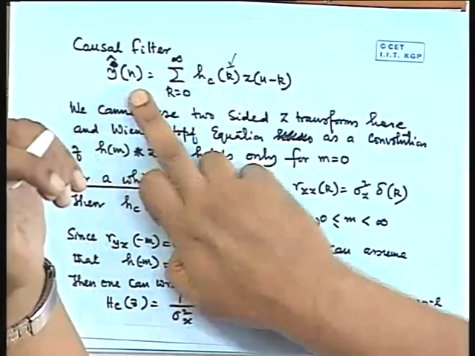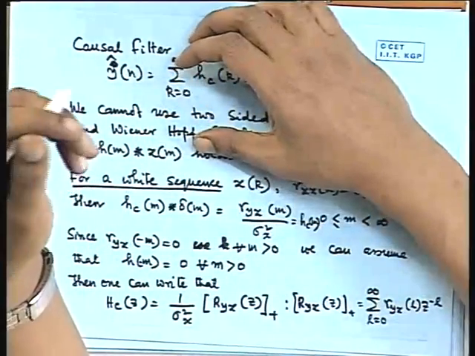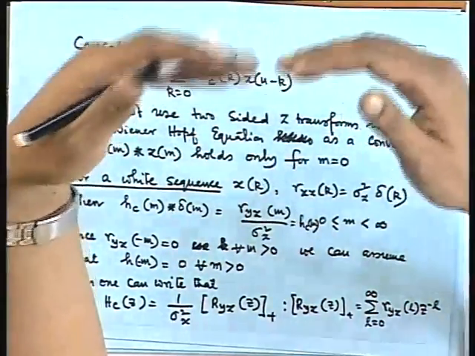Okay, so therefore we'll see in a later class that people will take a slightly roundabout way to compute the solution. I mean, not through a direct Z transform technique, because a direct two-sided Z transform cannot be taken. So what people will nicely do is that they will use the innovation process.